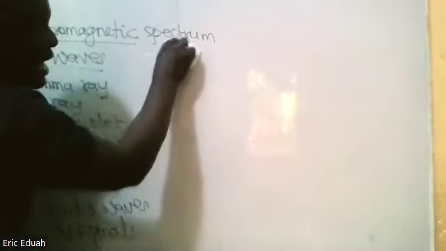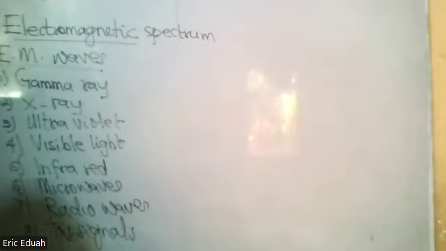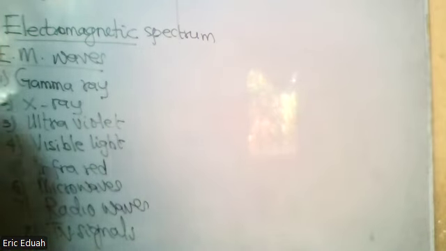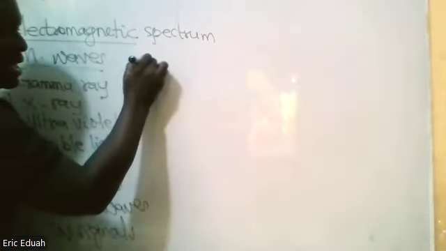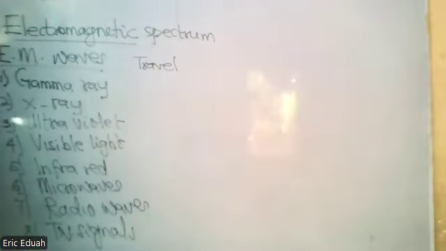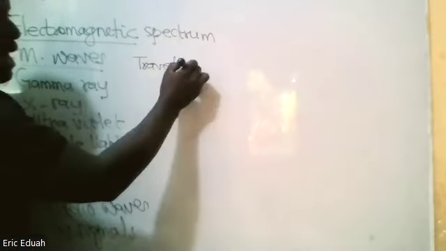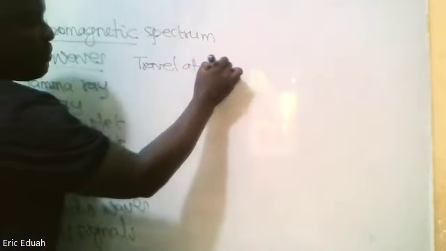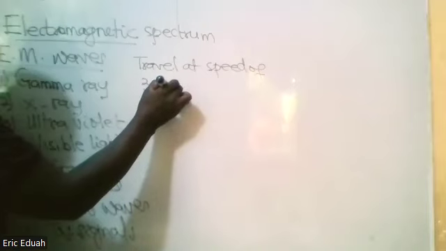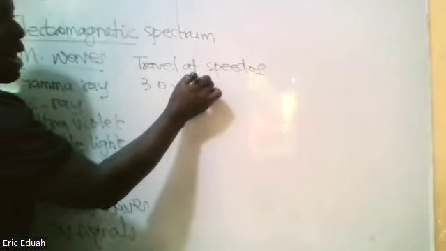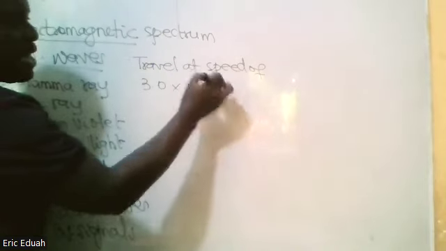So apart from not requiring any medium for propagation, they also have another feature. The other feature is that all electromagnetic waves travel with a common speed. They can travel at a speed of 3.0 times 10 to the power 8 meter per second.